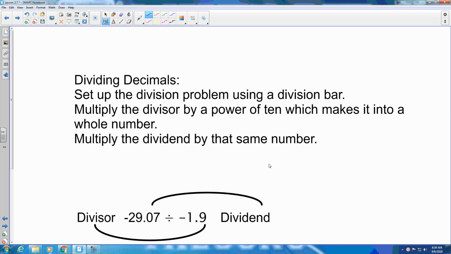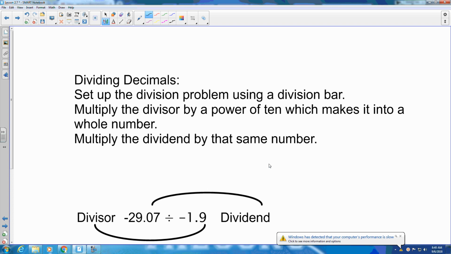When you are dividing decimals, it says set up the division problem by using a division bar. Multiply the divisor by a power of 10, which makes it into a whole number. Multiply the dividend by the same number. So whatever you do to one side, you must do to the other side.